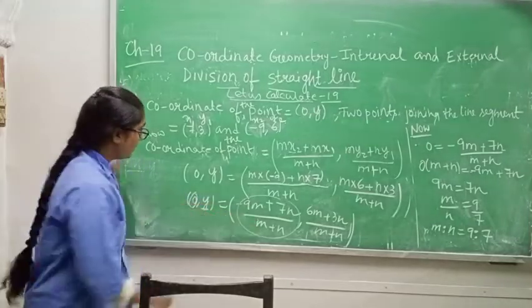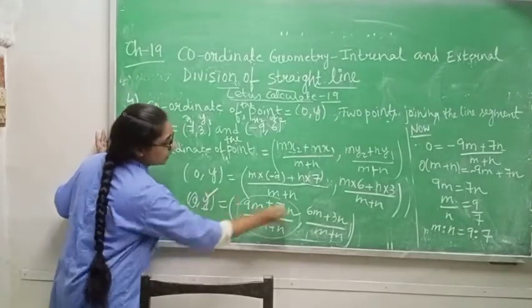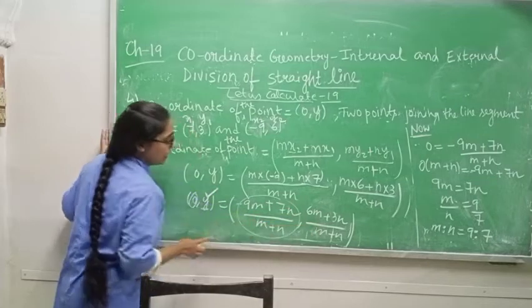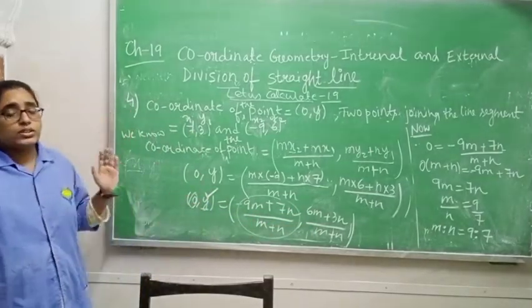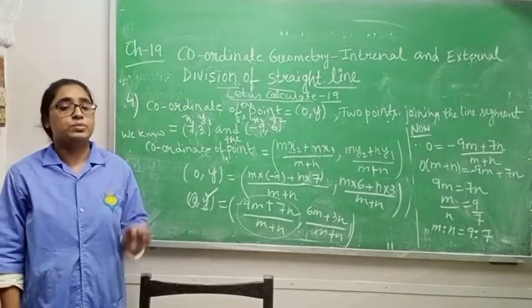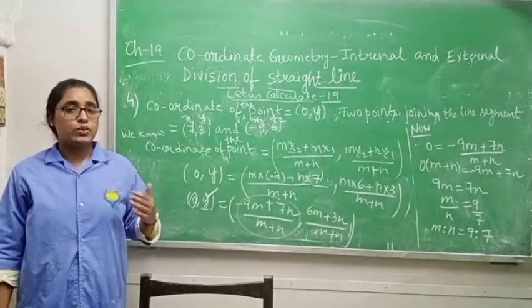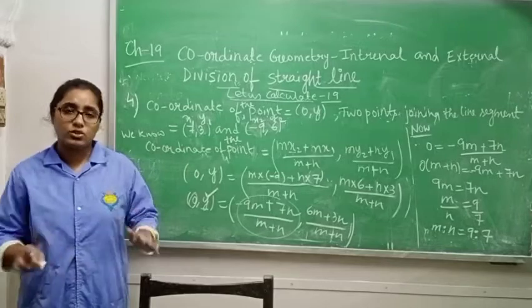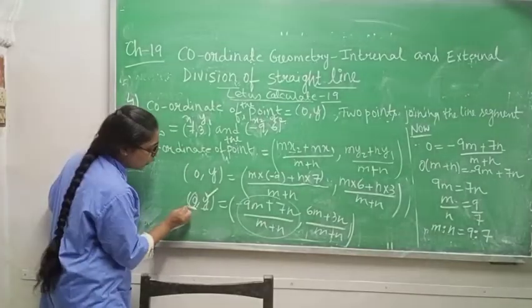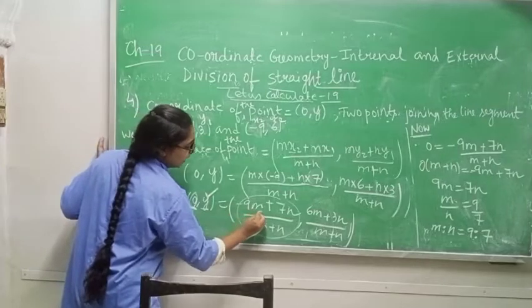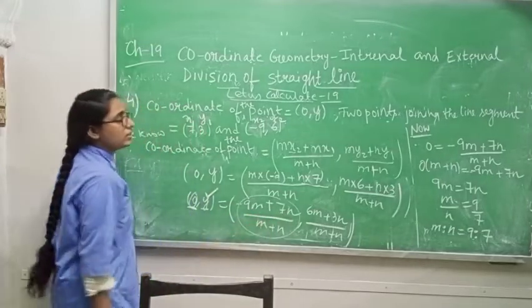Why? Because if you equalize y with 6m plus 3n by m plus n, again you will get y term, because y value we don't know. Only it is written, it is divided by y-axis. But whether y is 1, 2, 3, 4, 5, 6, it is not mentioned. For this reason, I am telling you to equalize 0 with minus 9m plus 7n by m plus n.